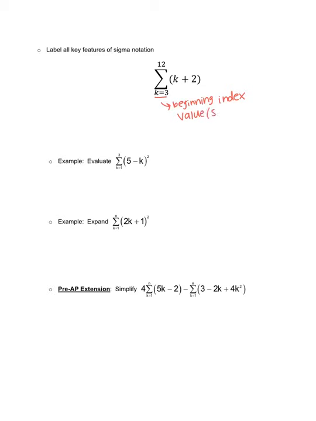And for now, we'll call it the start. The 12 that's up here, this is our ending index value. So we'll say end. The letter K that's here, this is our index variable.